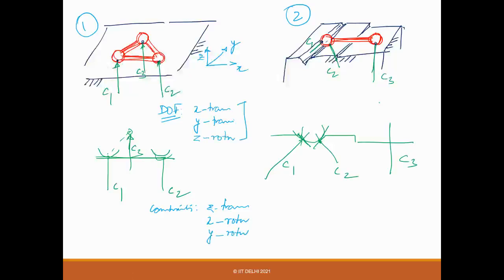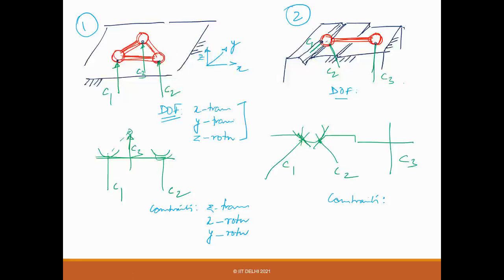That is the first case, right? In the second case, if you're talking about the DOF and constraints, what you see here is, again, X translation. Now X translation cannot happen, because C1 and C2 together will constrain the translation motion perpendicular to the plane of the V, which is your XZ plane.